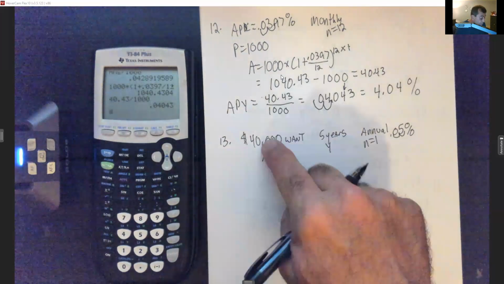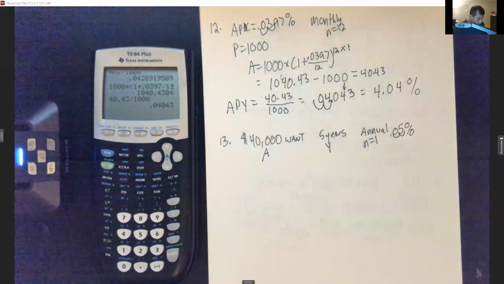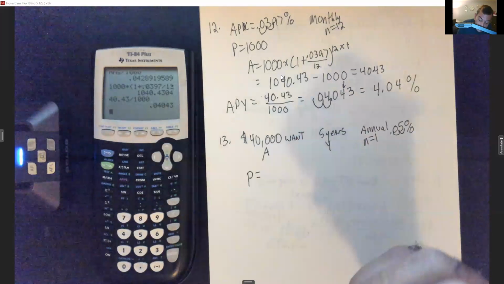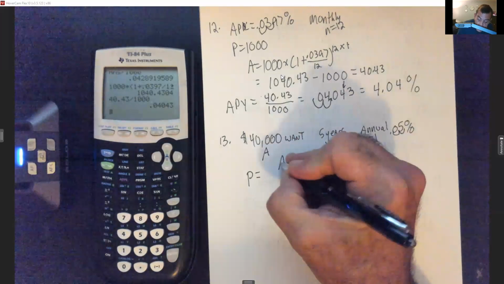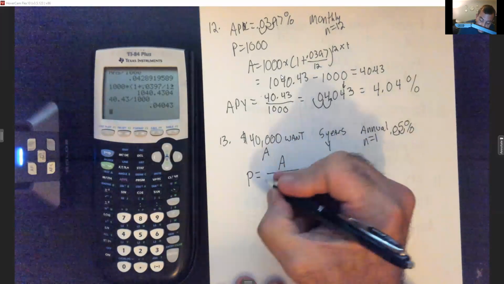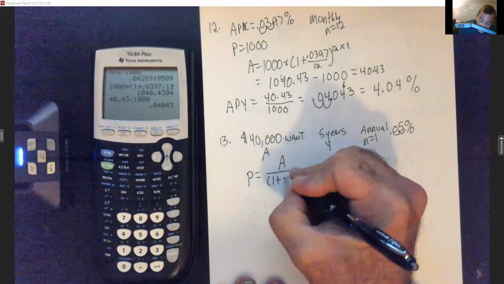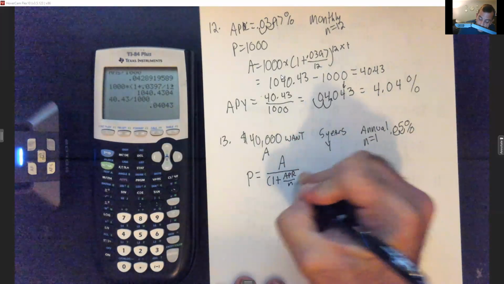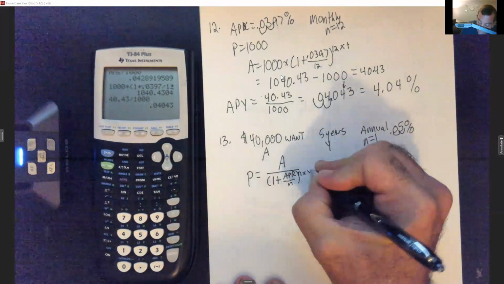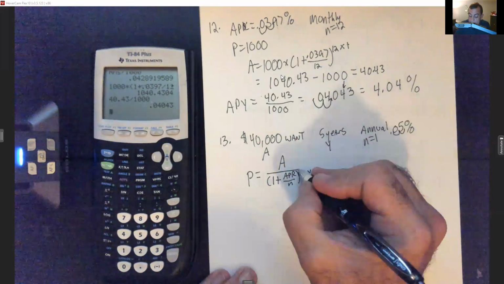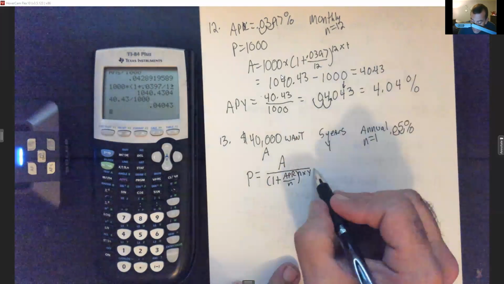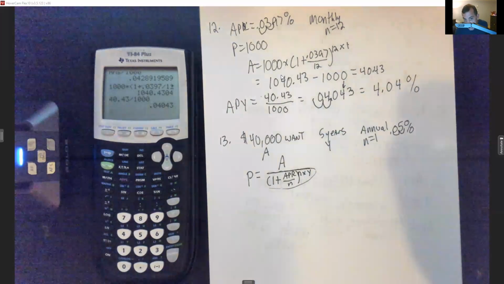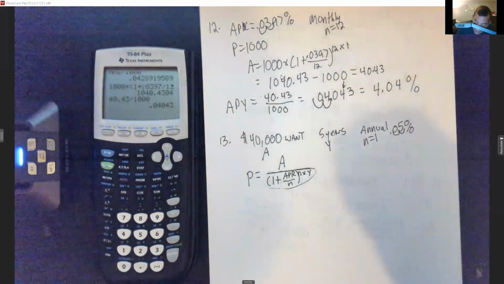So remember, that formula I gave y'all was P equals A divided by 1 plus my APR divided by N, all raised to the exponent N times Y. So you get your A and you divide by everything down here to get your final principal that you need, okay?